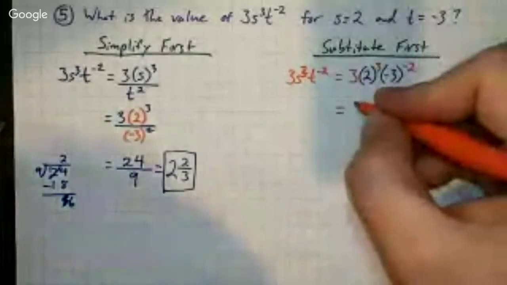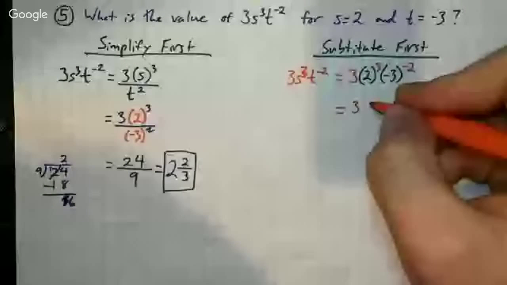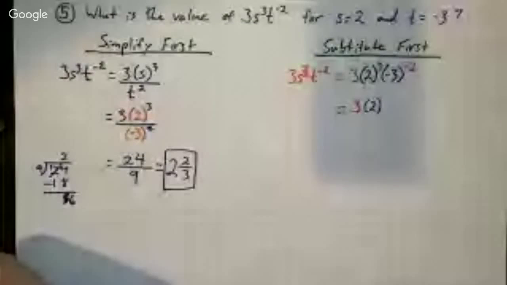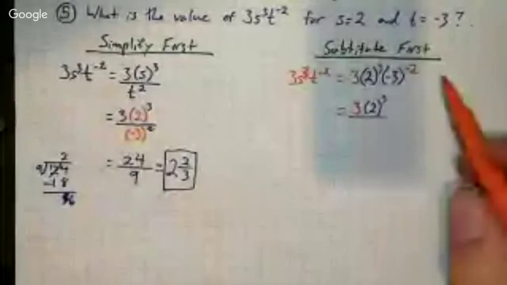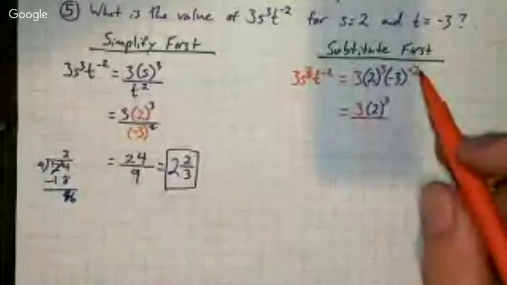We have 3 times 2 to the power of 3 over, and now remember, we do this because we flip everything around.